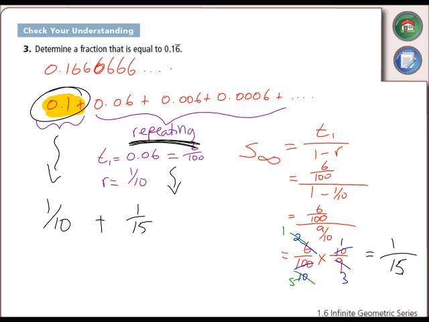I need a common denominator. Common denominator is going to be 30. So let's multiply the first one by 3, multiply the second one by 2, and we come up with 3 over 30 plus 2 over 30 equals 5 over 30.